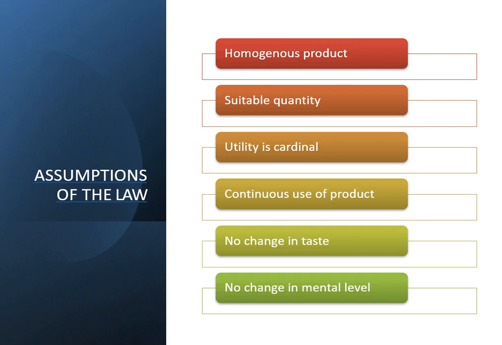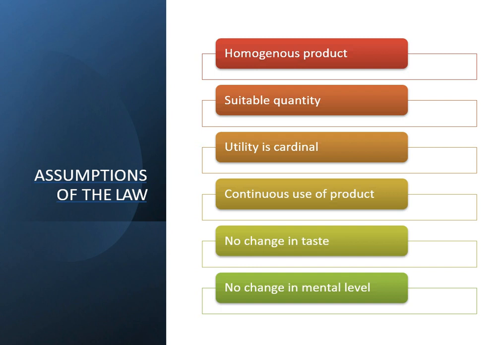For example, we should not drink the whole bottle in a single go or in a single time, or we should not use a very small number of units, otherwise our law will not hold true. The third assumption is that utility is cardinal. Utility is cardinal means that we measure utility in numerical form like 1, 2, 3, 4.